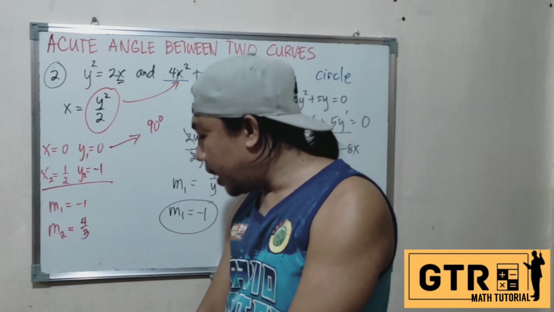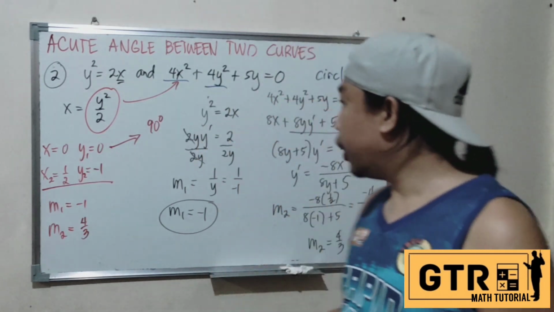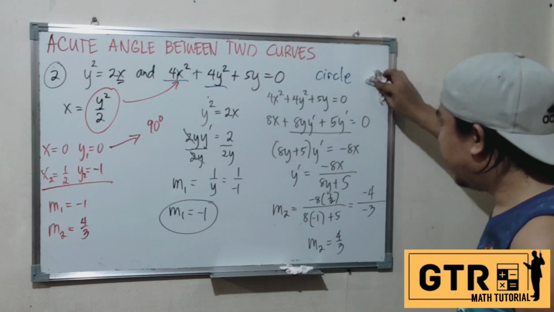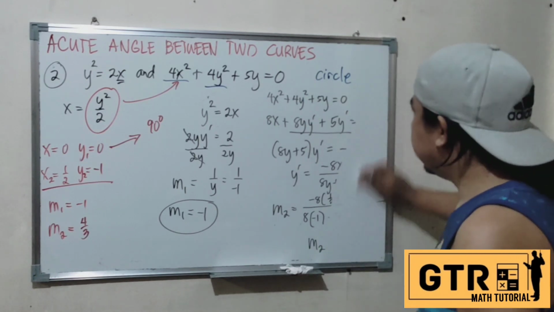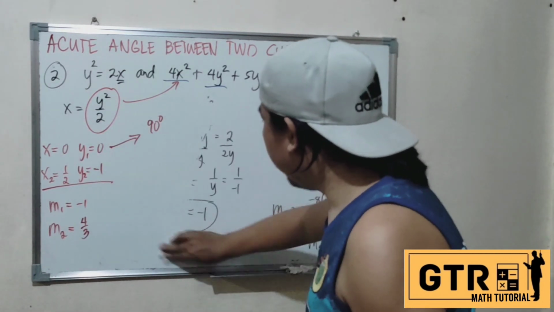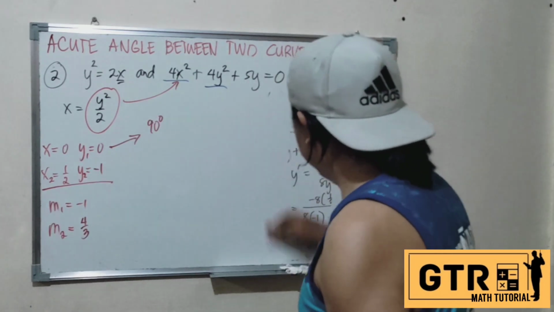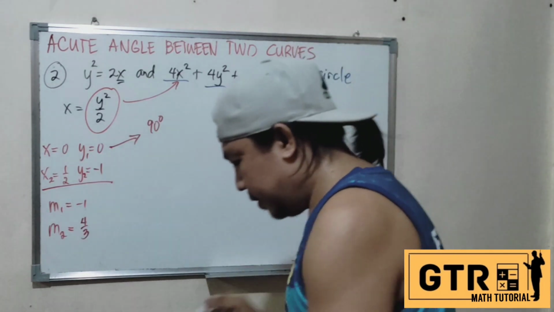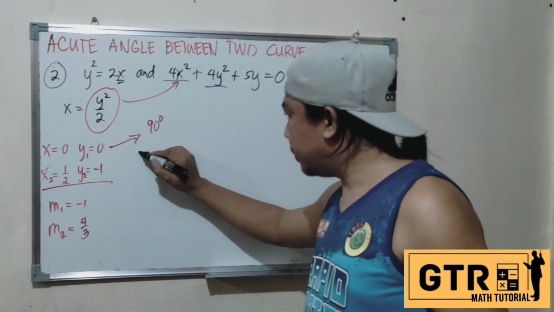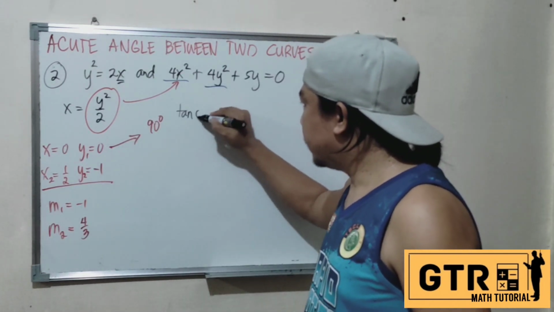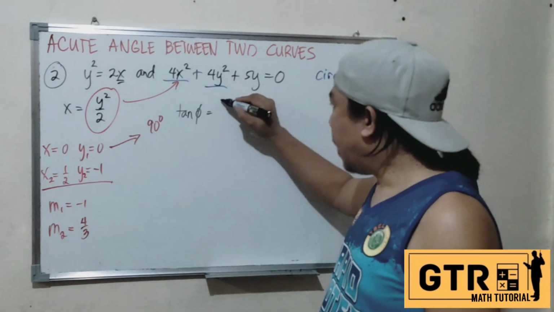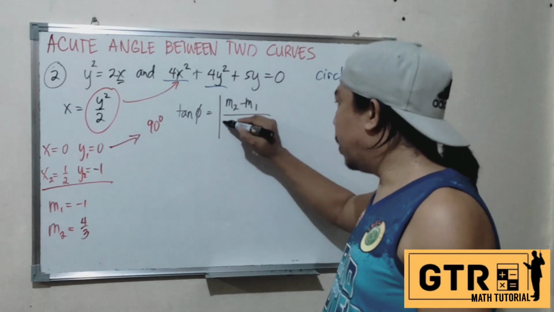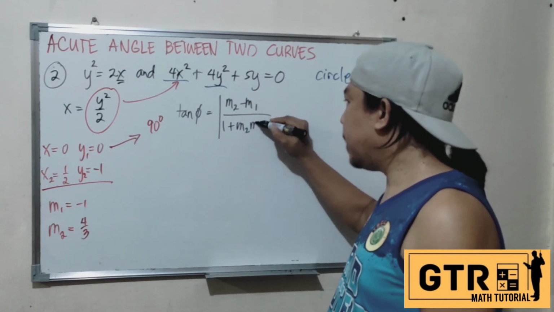So now we can solve the value of the acute angle. Just use the formula. Therefore, we have tangent phi is equal to the absolute value of m sub 2 minus m sub 1 over 1 plus m sub 2 times m sub 1.